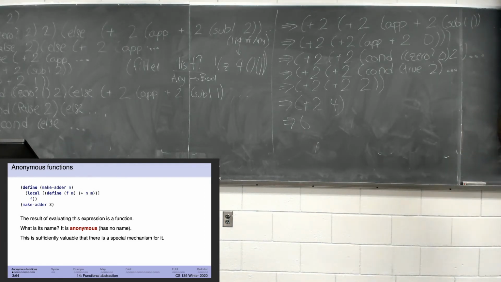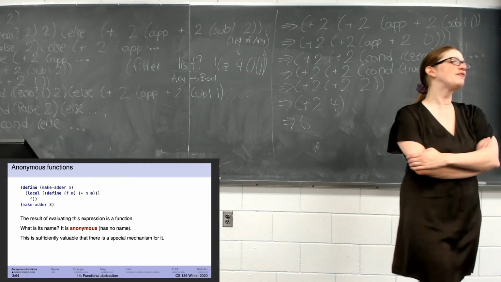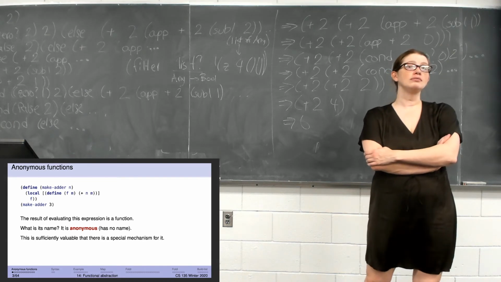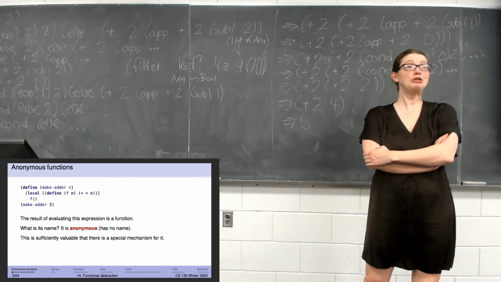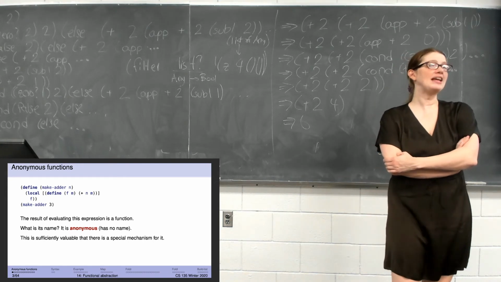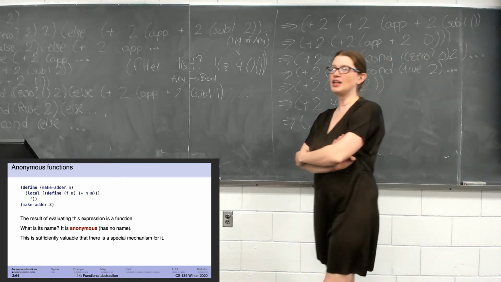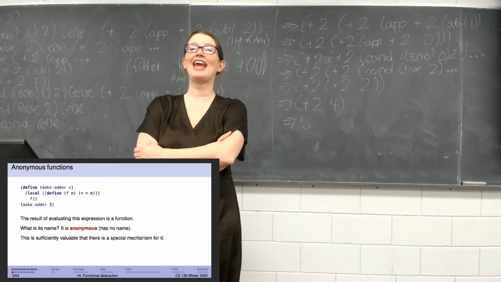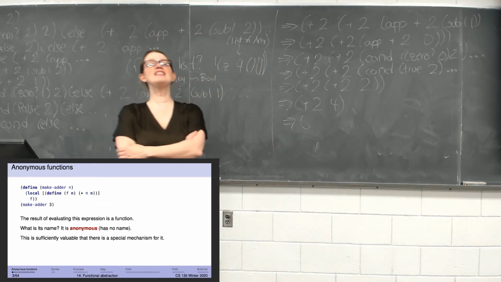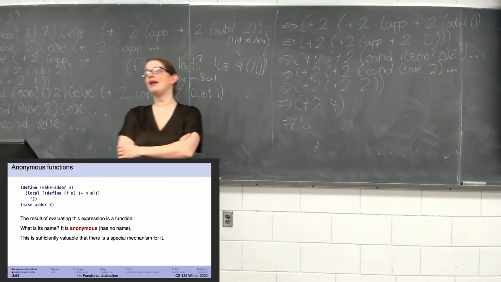Now what's interesting is that makeAdder produces a function. What's the name of that function? By what name do you call it? You don't know, because it doesn't have a name. Yes, if we were actually evaluating this, it would have a unique name, but you don't know what that name is, and you therefore can't use it. So this is an anonymous function. It has no name.